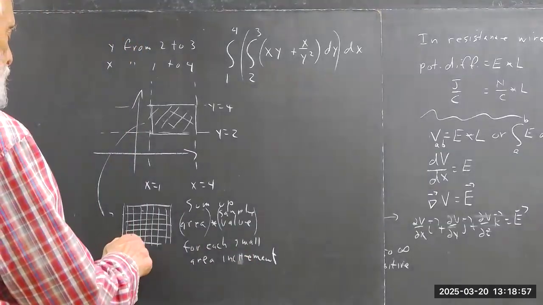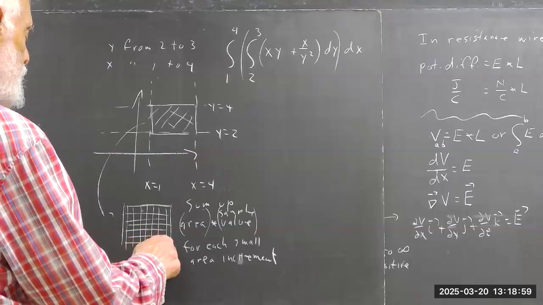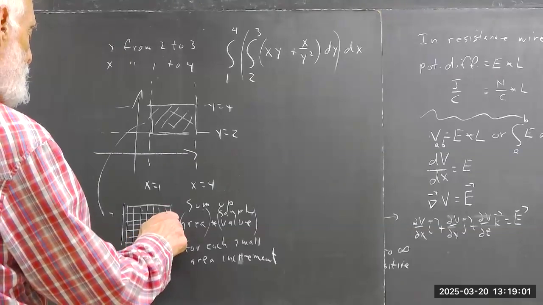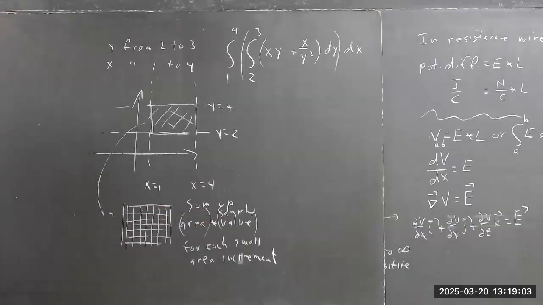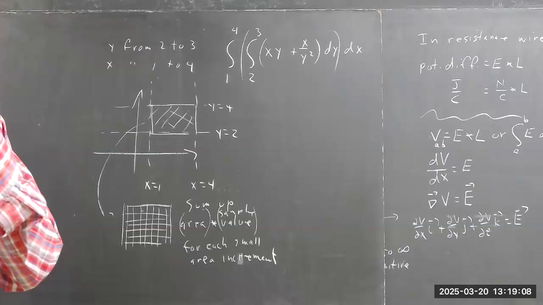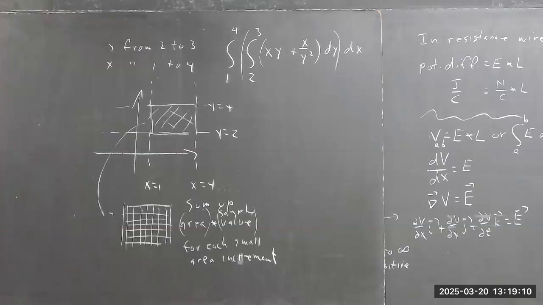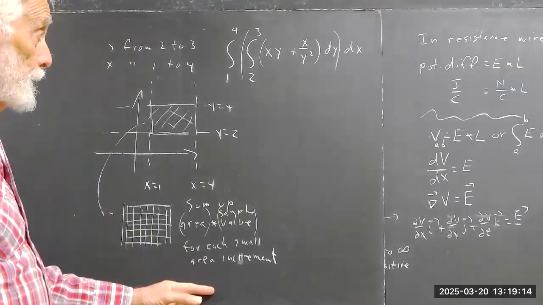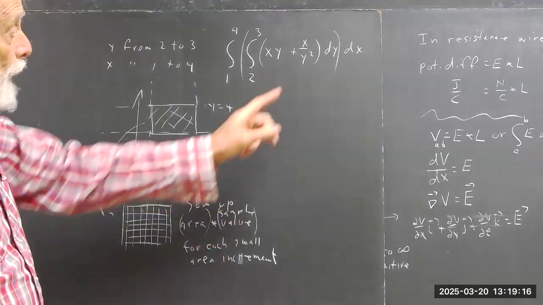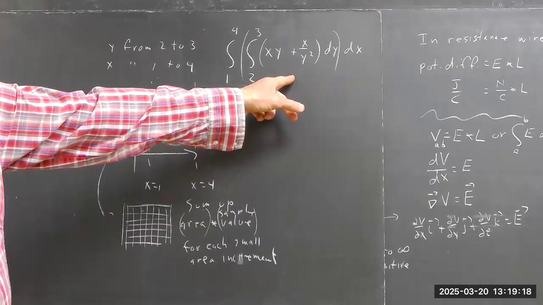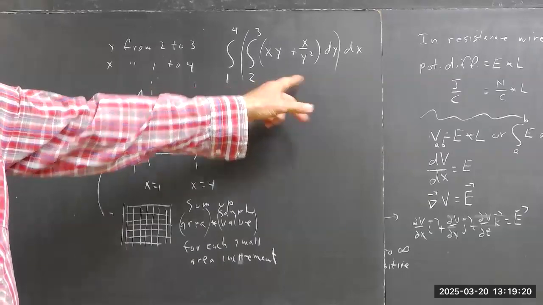How many do I have here? 1, 2, 3, 2 area increments there. If I counted right, I'm not sure I did. Okay. If I did that, I would probably get a pretty accurate estimate of this integral. That makes sense?